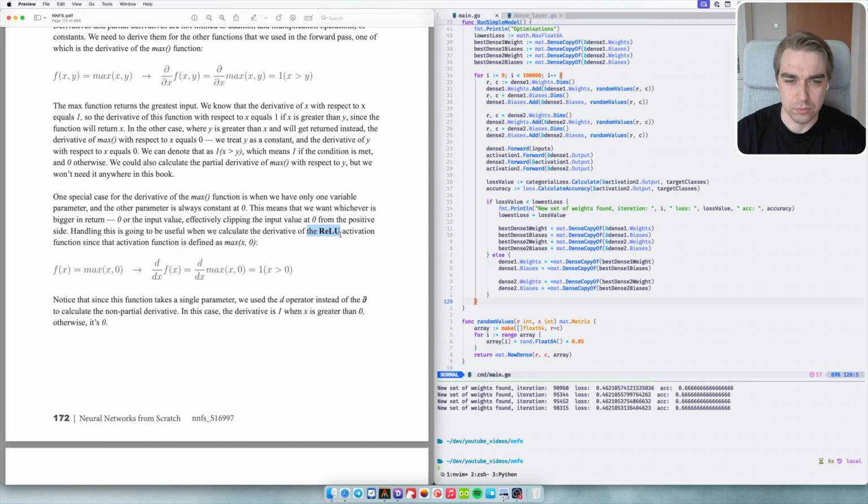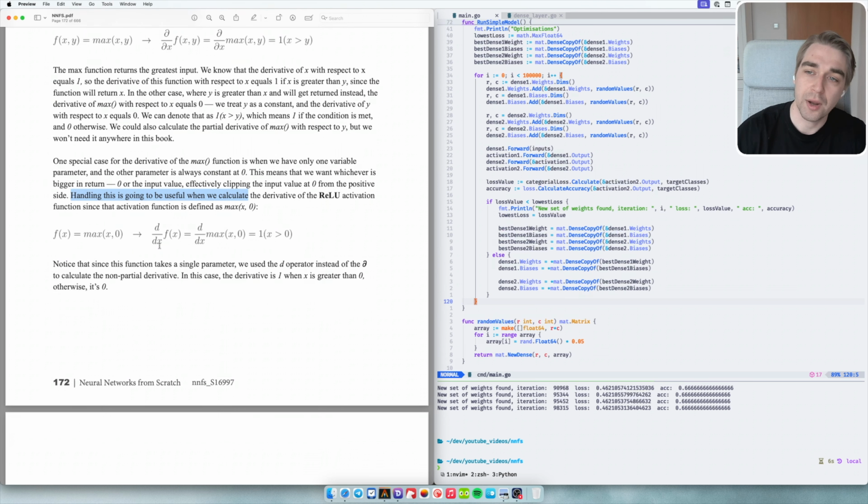Sounds like ReLU. And this is going to be useful when we calculate the derivative of the ReLU activation function, since the activation function is defined as max between x and 0.